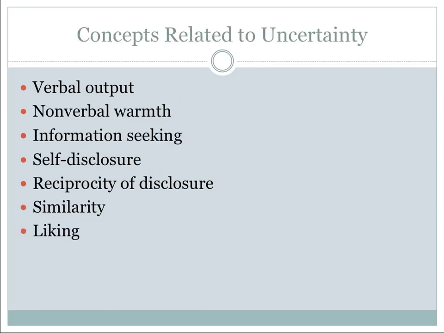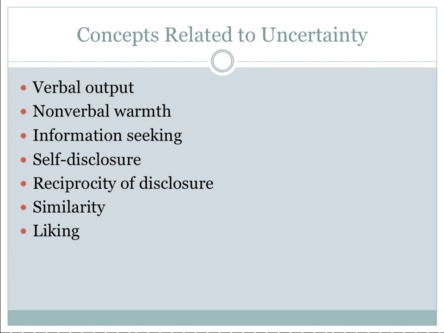All right, so some important concepts related to uncertainty reduction. First is verbal output. These are the words we use in order to construct images and ask questions. Second, nonverbal warmth. So, this would be the degree of openness, essentially, of someone's body language, of their gestures, but also their paralinguistic behavior.